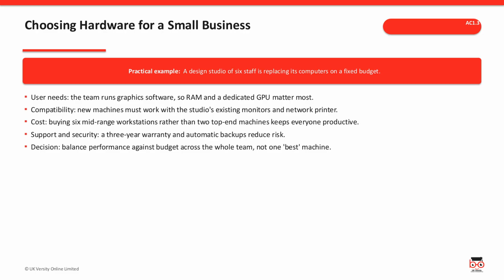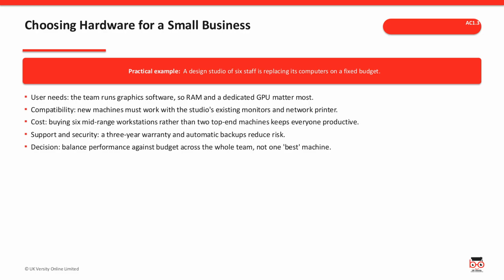Let us ground that in a real choice. A design studio of 6 staff is replacing all its computers on a fixed budget. Because the team runs graphics software, RAM and a dedicated graphics card matter most, and the new machines have to work with the studio's existing monitors and network printer.